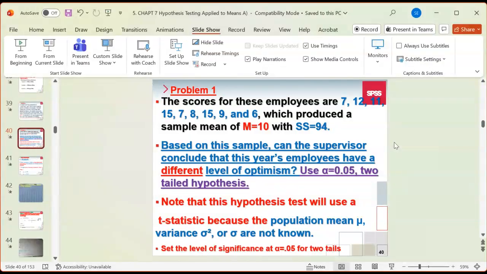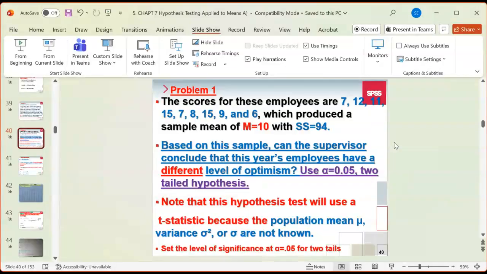You see the language? That's non-directional. It doesn't say this year's employees have a higher level of optimism or lower level of optimism. If it was higher level, then you use a one-tail or directional hypothesis.